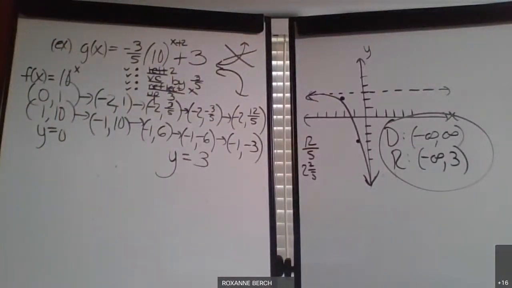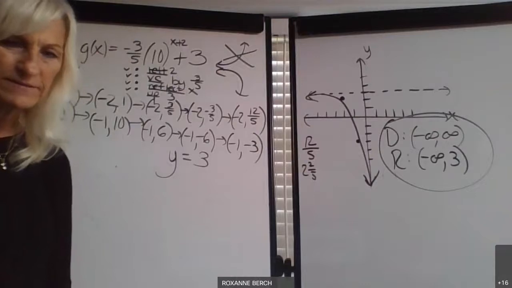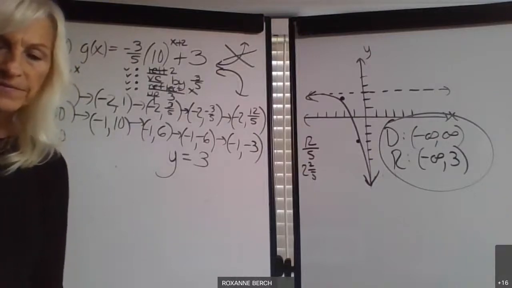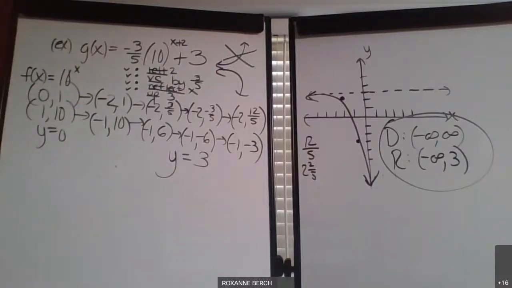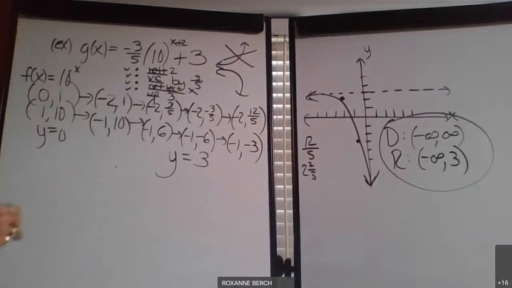All right, now that was nothing new, and you can probably guess what's coming up next. You're going to have to write equations given a graph. So same thing we've done in the past. These are a little more complicated, but it's the same concept. Anybody have any questions about this problem?